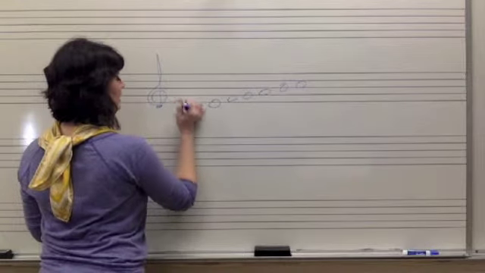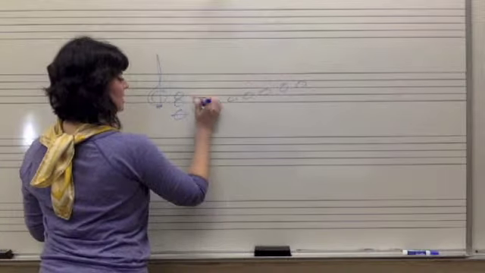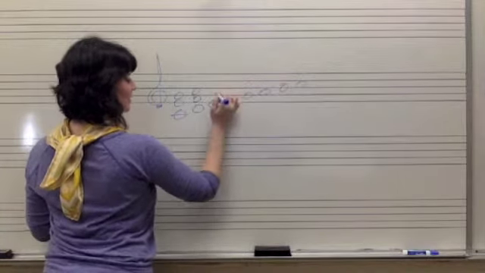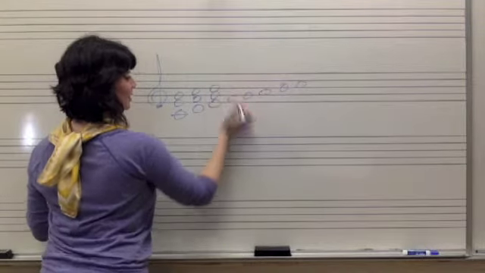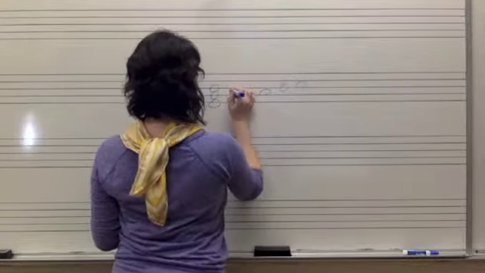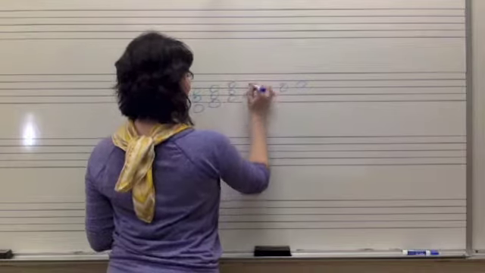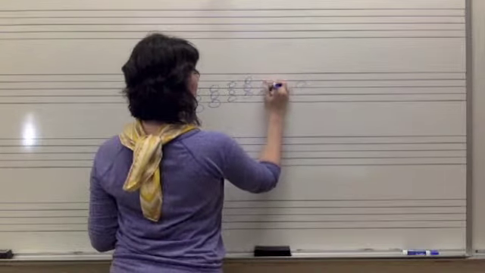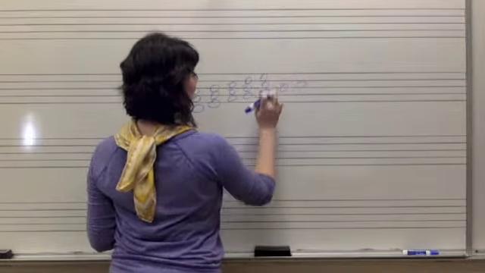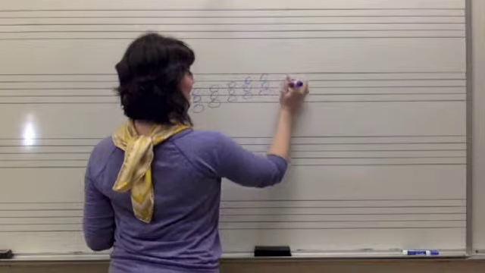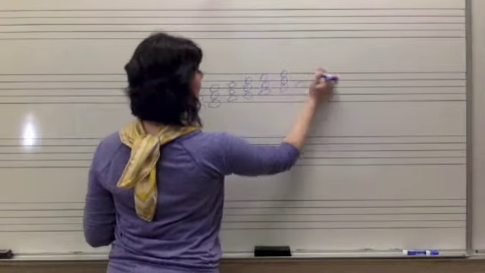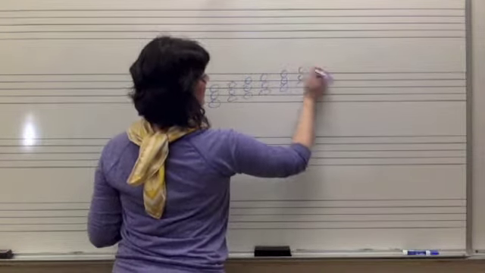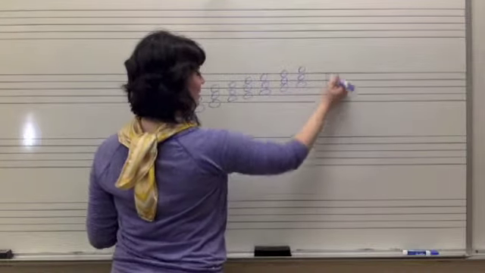So we've got C, E, G, D, F, A, E, G, B, F, A, C, right? You just go all the way up, creating snowmen. So space, space, space, line, line, line, space, space, space. All right, and that's the end.